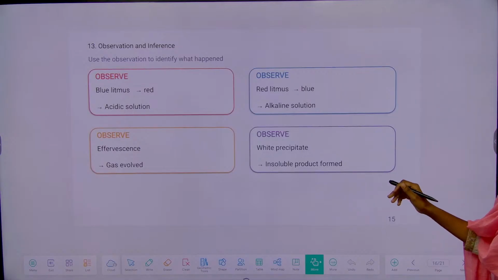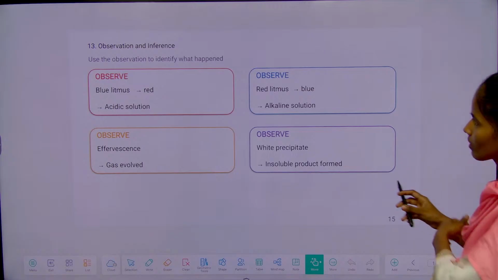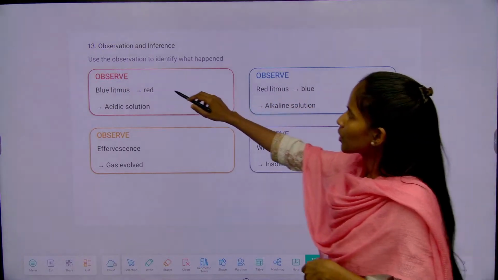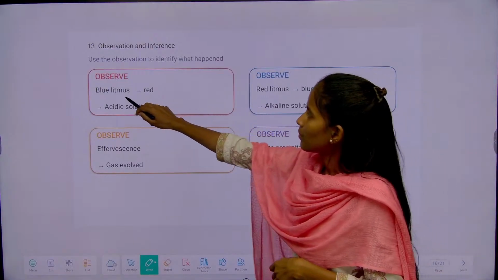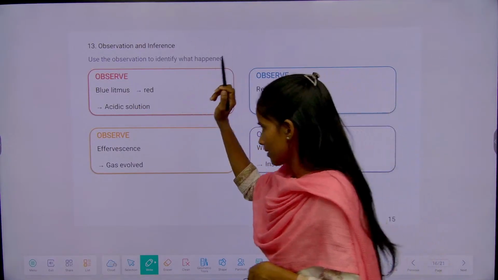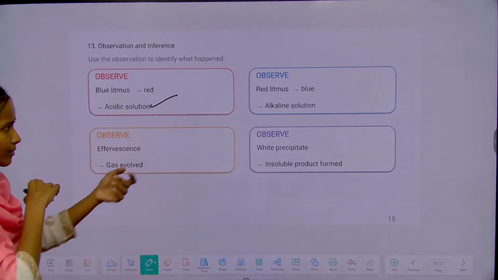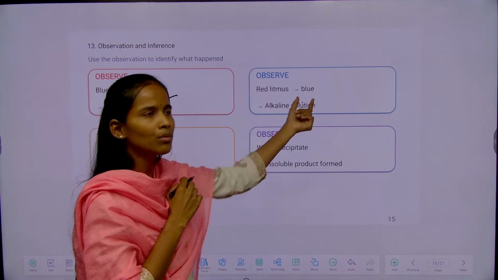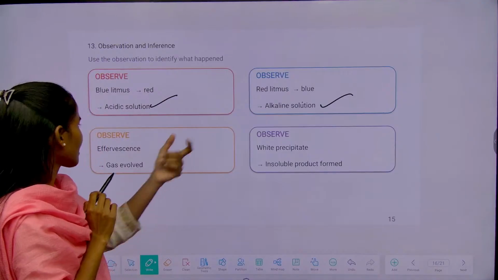Now this is what we discussed in the last class. See, blue litmus turns into red. It means we have dipped the litmus paper in an acid. Red litmus turns into blue. It means we have dipped the litmus into a basic solution, an alkaline solution.